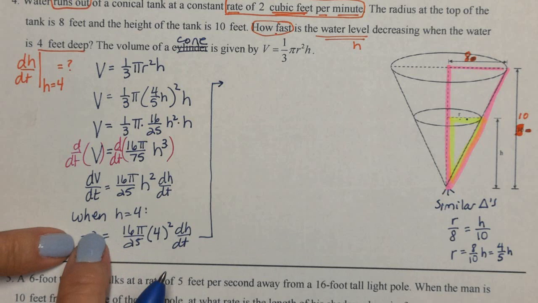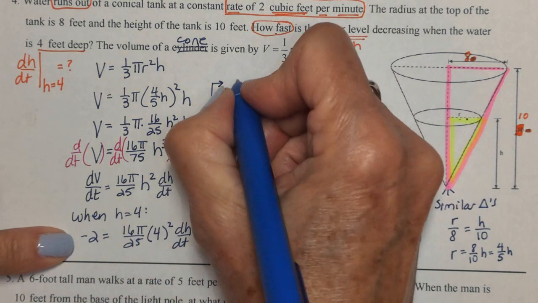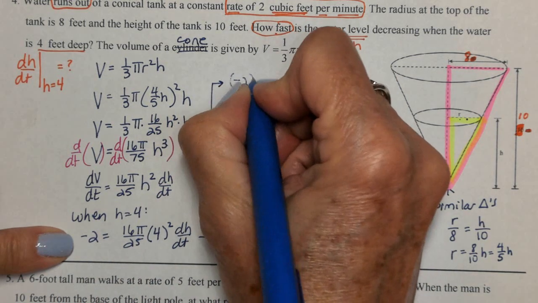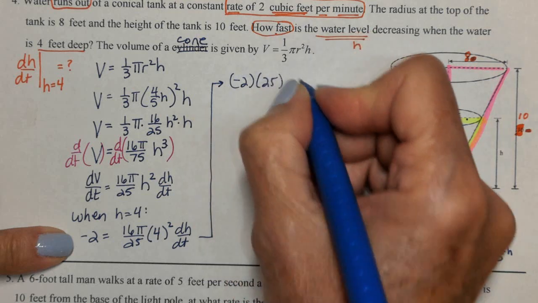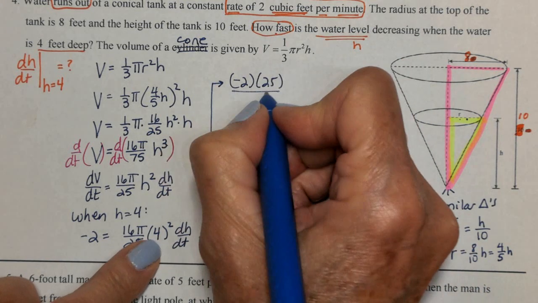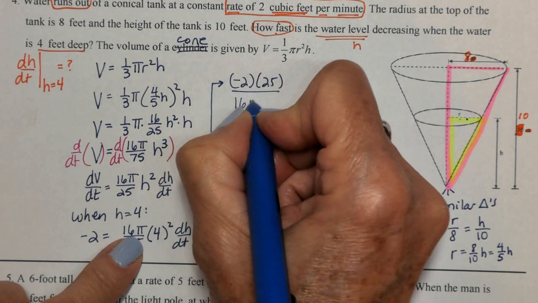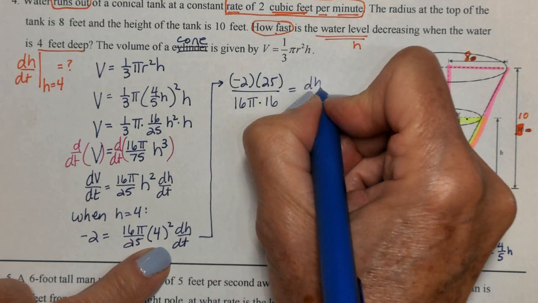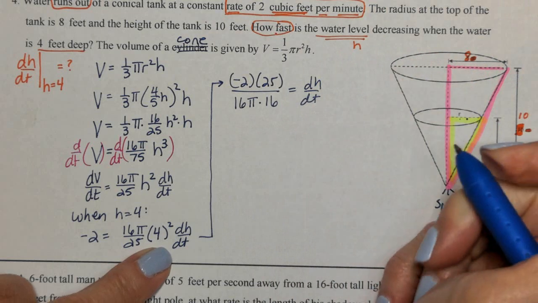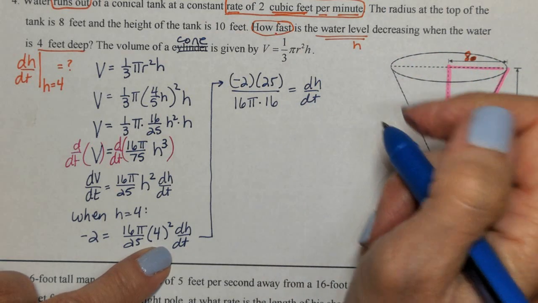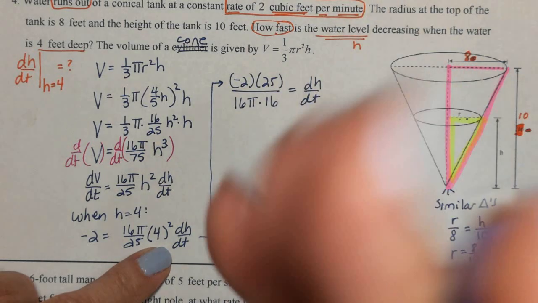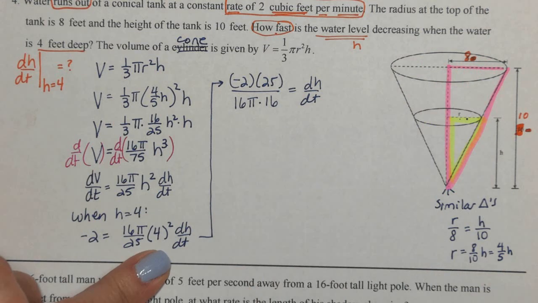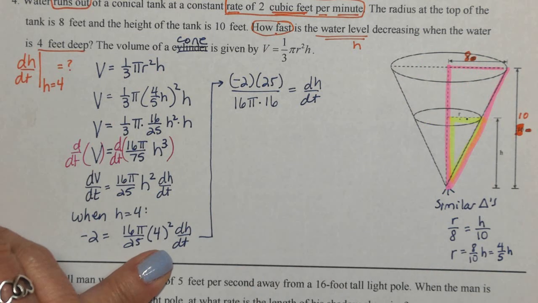So I'm going to multiply both sides by 25 and divide both sides by 16 pi times 16. Okay, I write it like that because I can just leave it like that. I was going to reduce, but I think I'm just going to leave it like that.